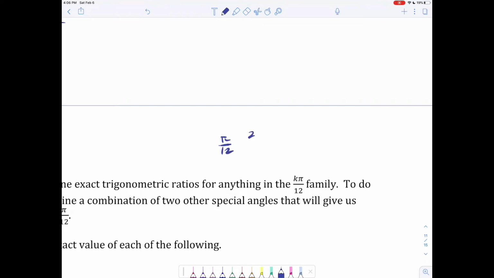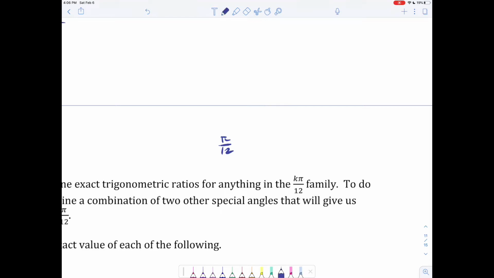We wouldn't really look at 2 pi over 12 because that's just pi over 6. We already know how to find sine, cos, and tan of pi over 6, so we don't need to worry about that. Similarly, 3 pi over 12 or 4 pi over 12, those also reduce. This one to pi over 4, this one to pi over 3. So we don't really worry about those as being in the pi over 12 family.